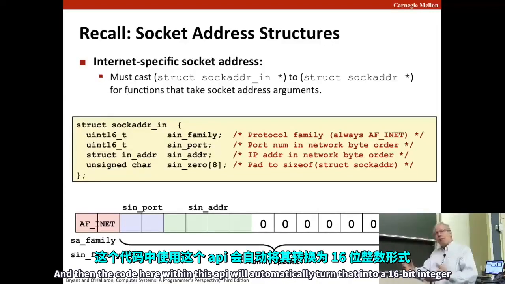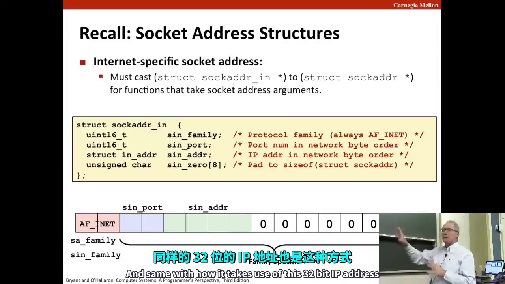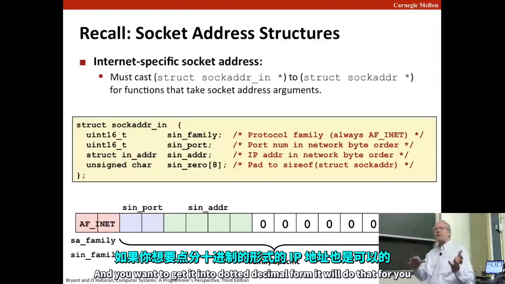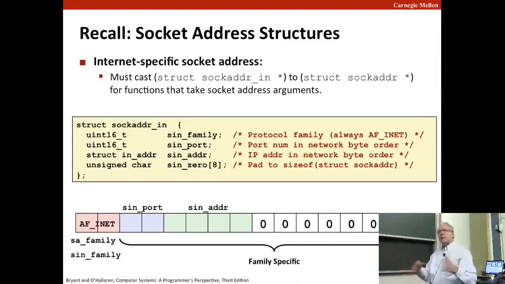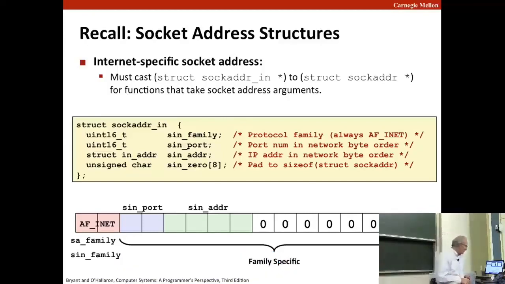And then the code within this API will automatically turn that into a 16-bit integer and put it in the proper byte order. And same with how it takes this 32-bit IP address, and you want to get it into dotted decimal form. It will do that for you without you having to worry about byte order. So it's kind of a nice thing.